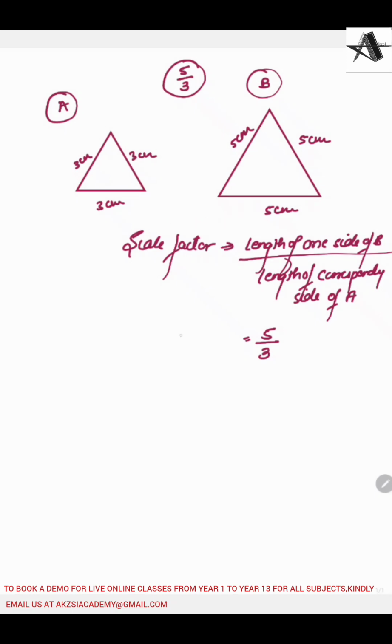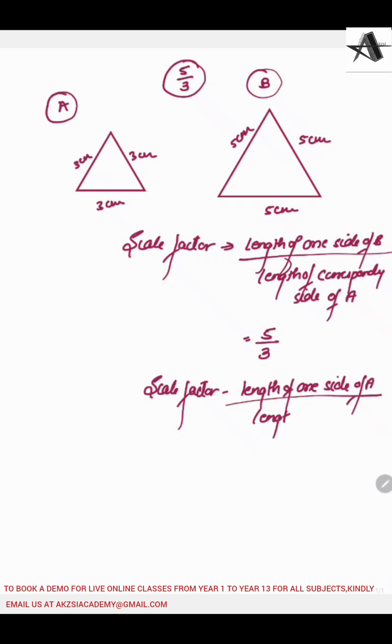The scale factor would be defined as the length of one side of A over the length of the corresponding side of B. So the length of one side of A is 3 and the corresponding side of B is 5.